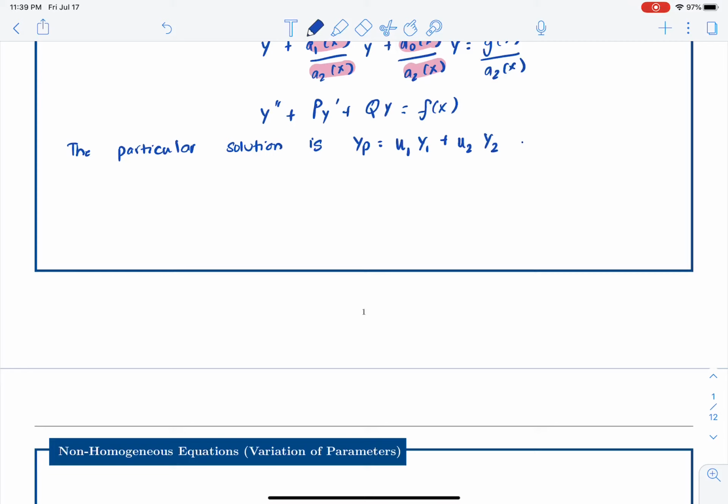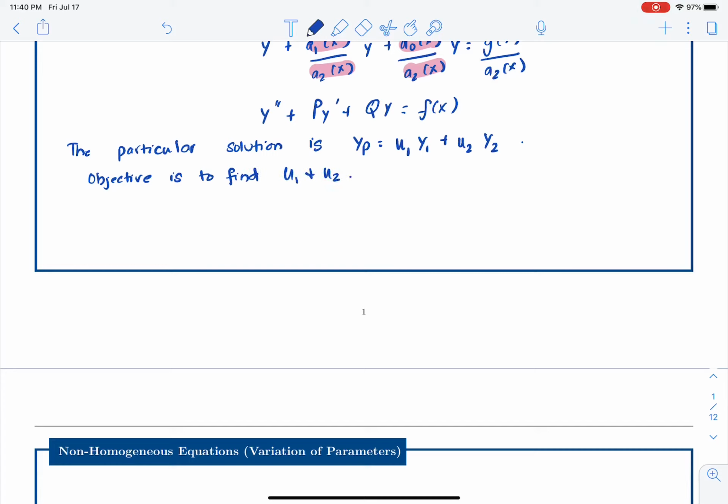That said, our objective is to find u1 and u2. We know y1 and y2 already, so if we found u1 and u2, then we have the particular solution. So that is our goal. So the objective is to find u1 and u2.